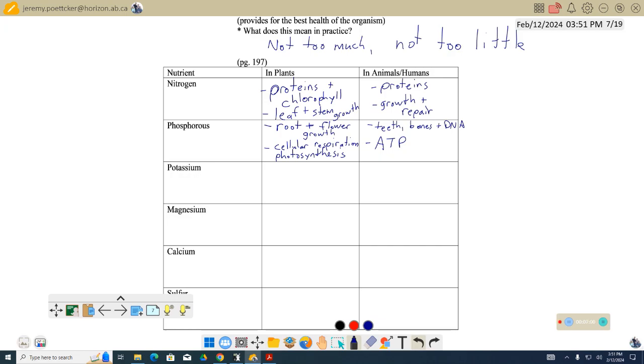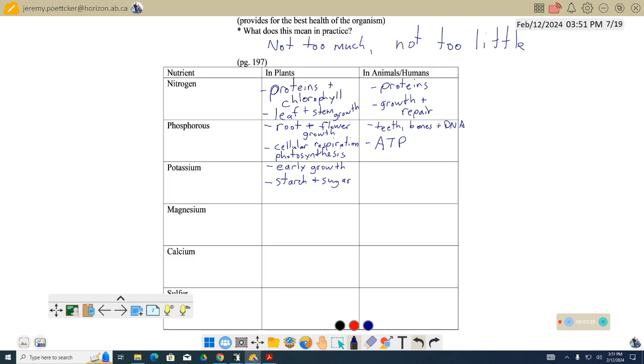Potassium. Lots with potassium in plants, but I'm going to summarize it as early growth. Secondly, starch and sugar production. And we're going to leave it there.